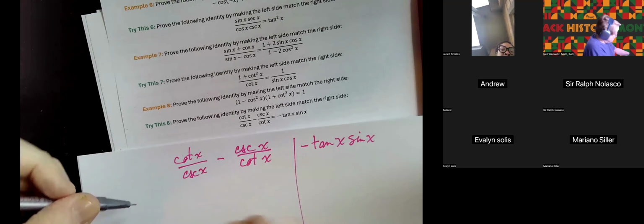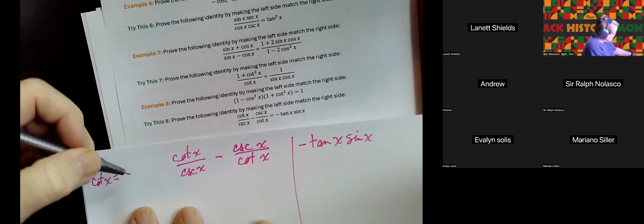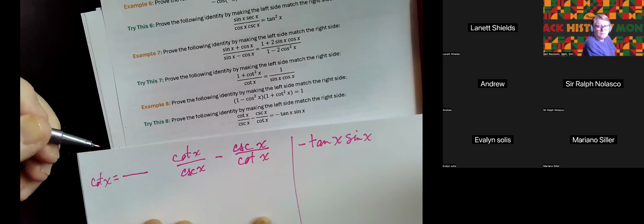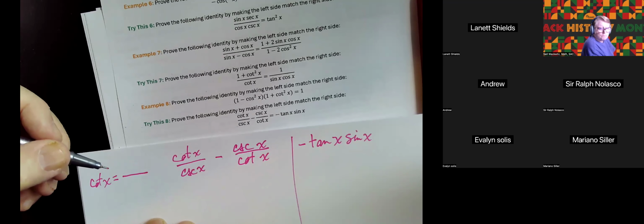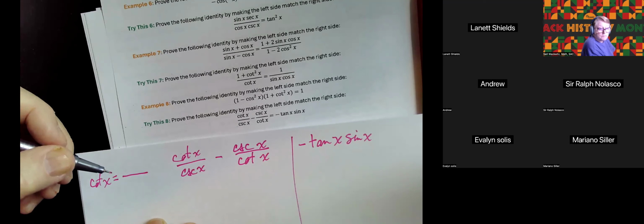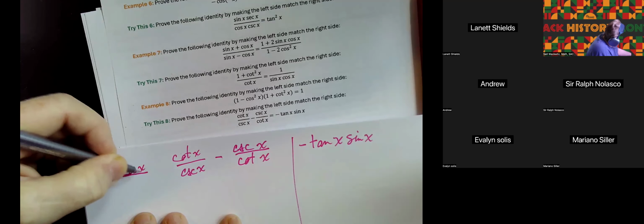And let's just put in the side here, cotangent x in terms of sines and cosines is the reciprocal of tan, which is sin over cos, so it'll be cosine over sine.